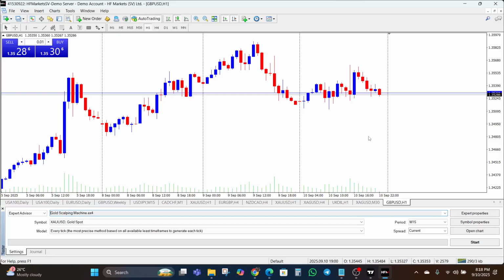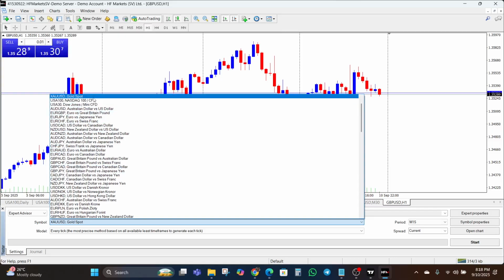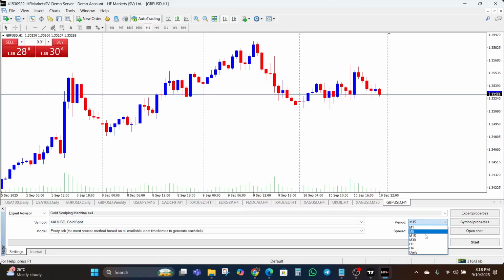Now, the platform makes it simple to choose a currency pair, choose a time frame, and a specific testing period.